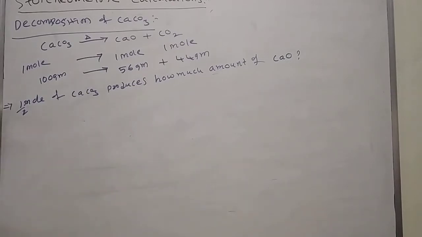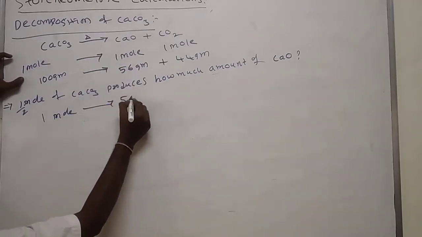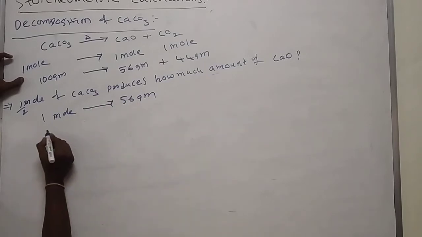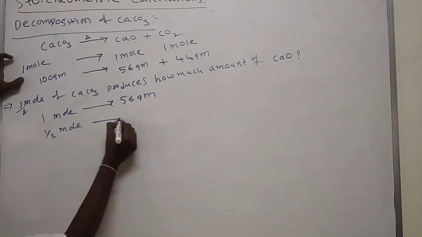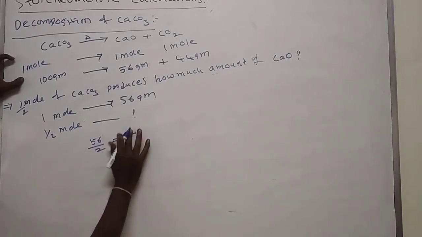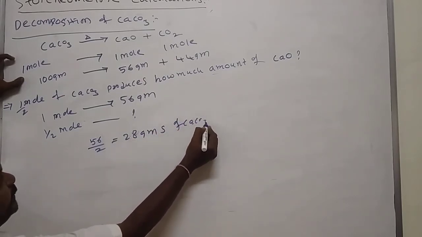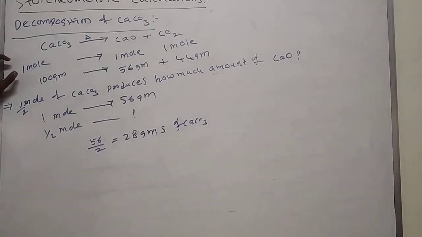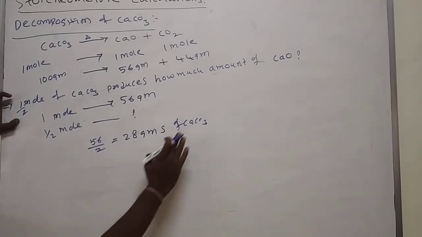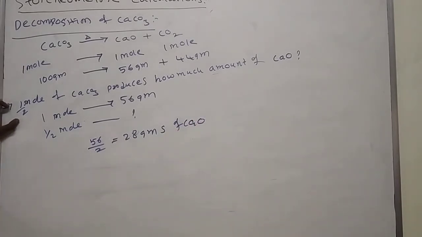Half mole produces 56 by 2, which is 28. Half mole of calcium carbonate produces 28 grams of calcium oxide.